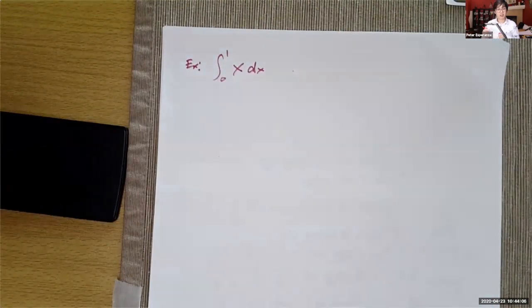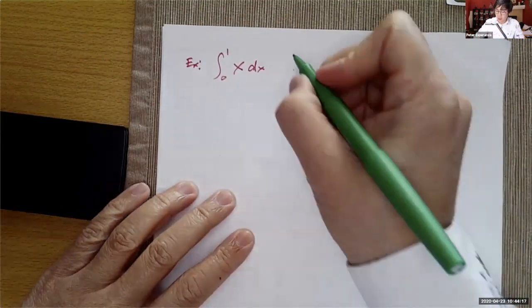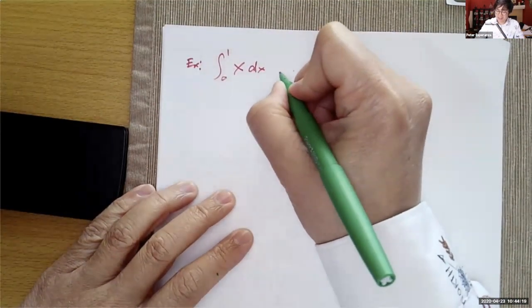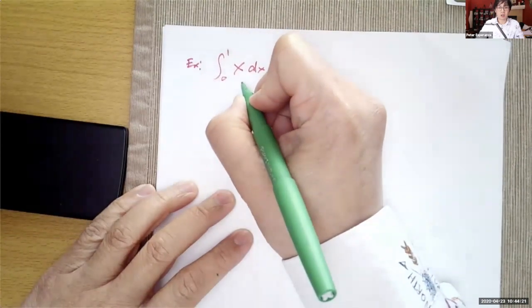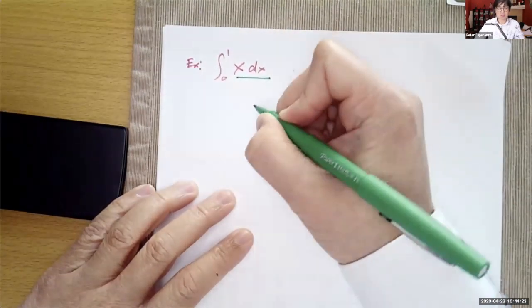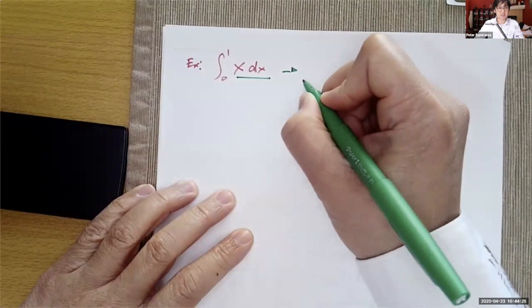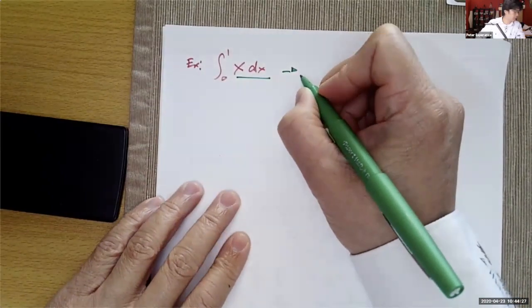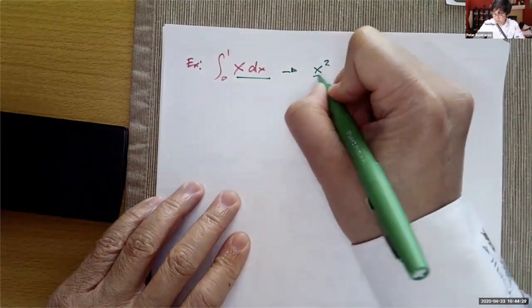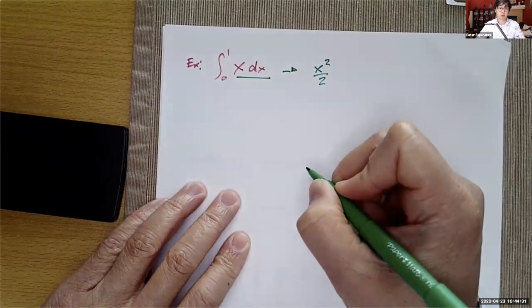All right, so this is our integral function, the antiderivative of x dx from 0 to 1. Now, to evaluate a definite integral, all you need to do is to get the integral of x dx. And what is the integral of x dx? X squared all over 2, right?